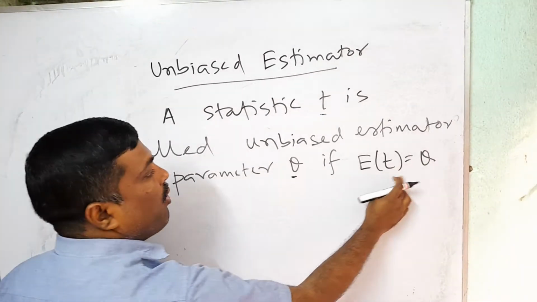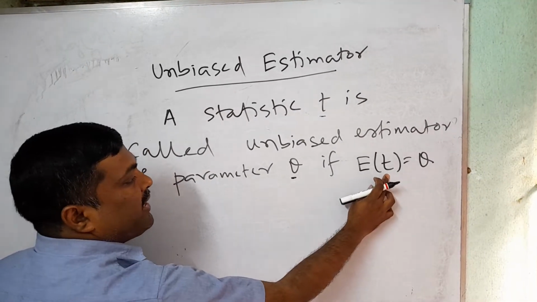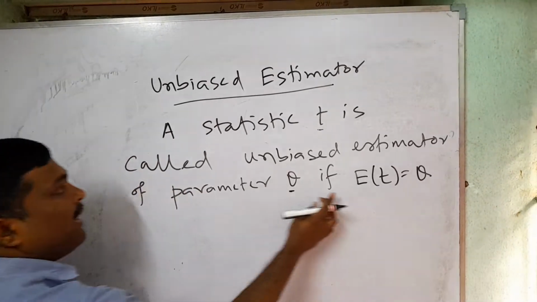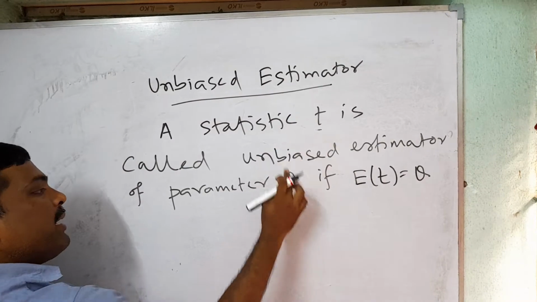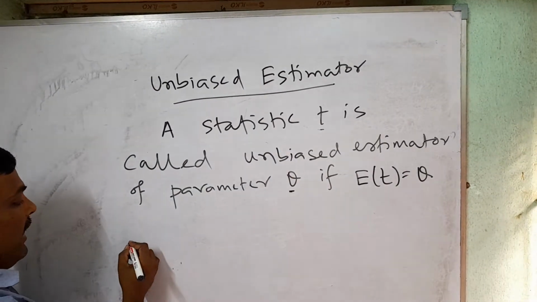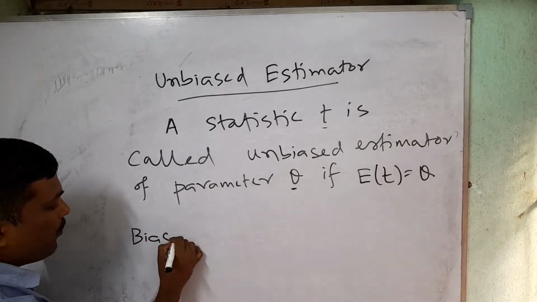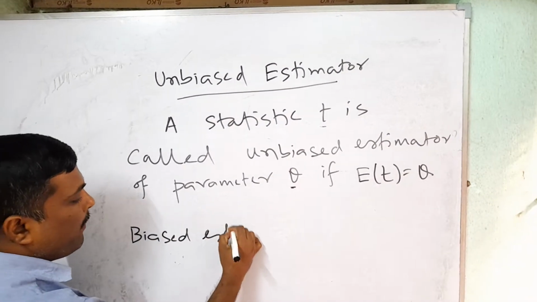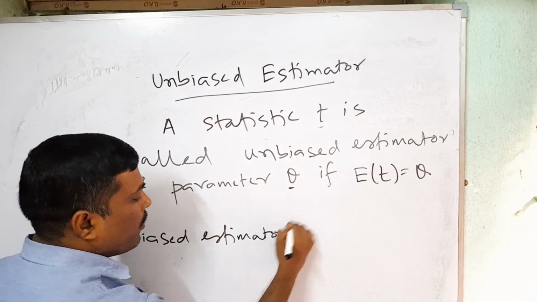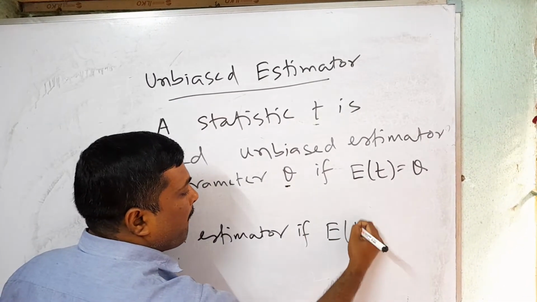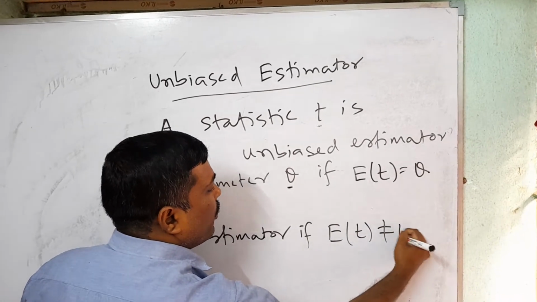If E of T equals theta, T is the statistic and the corresponding parameter is theta, then T is an unbiased estimator of theta. And it is a biased estimator if E of T not equals theta.